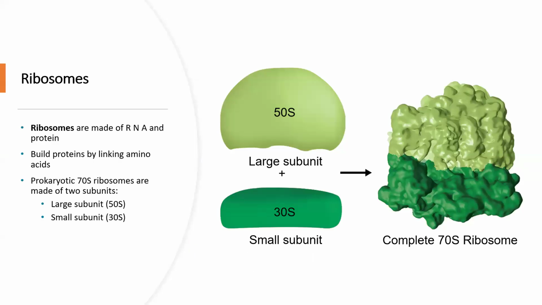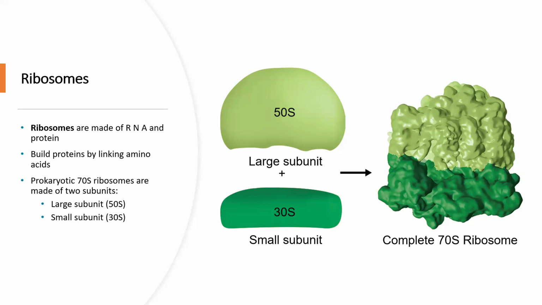Now we have the ribosomes, and ribosomes in prokaryotes are similar to ribosomes in eukaryotes, in that they're made of RNA and protein. And the function of a ribosome is to make polypeptide chains.